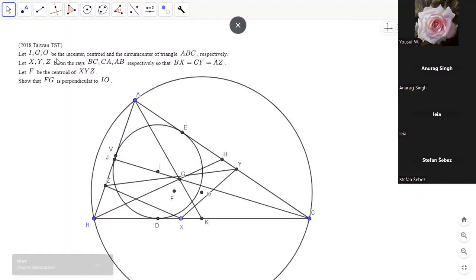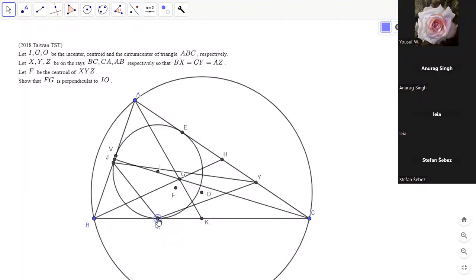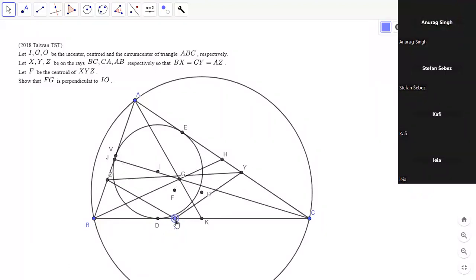If we could show F lies on a line when X moves, that would be useful. So if X equals D, then is Y the touch point of the incircle? I think it is, right? Not sure. Actually, I don't think so, because BX equals CY would mean this is BB, but that's not true, actually.